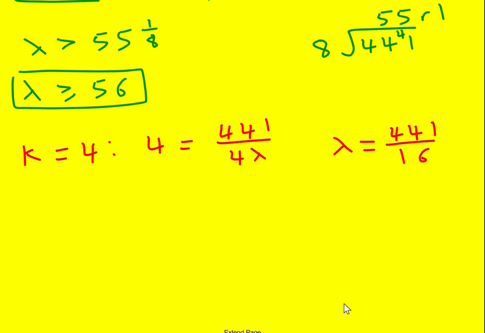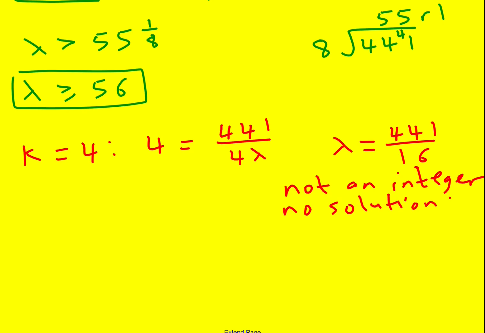And 4 doesn't go into this, so 16 isn't. So it's not an integer. No solutions. I suppose we don't need to put a box around it. We're only interested in where we do get solutions.